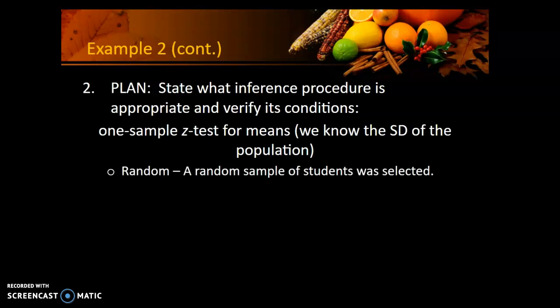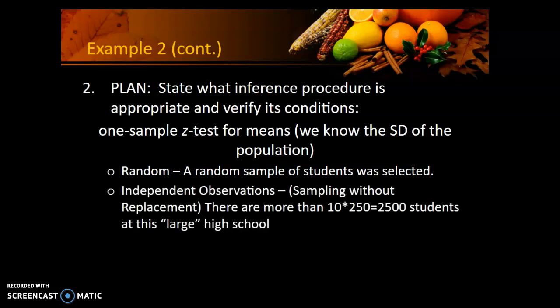Independent, because it's a large high school and we're sampling without replacement, it's reasonable to assume that there are more than 10 times the size of our sample, or 2,500 students, in the population of all students at the high school. And normal, n is definitely sufficiently large, so we can assume normality of our sampling distribution. So that completes our plan.